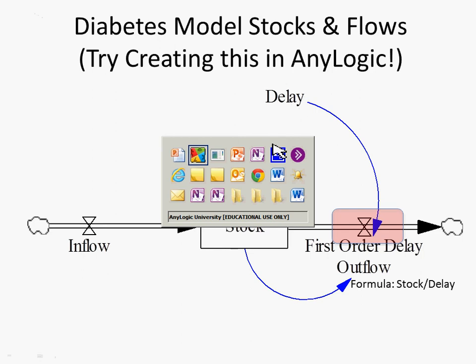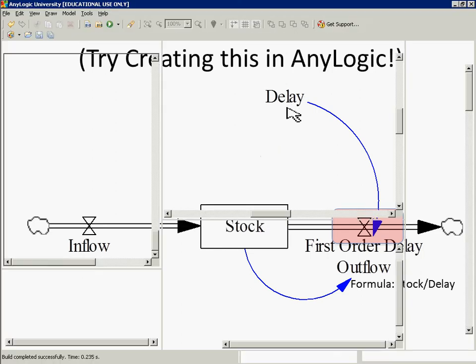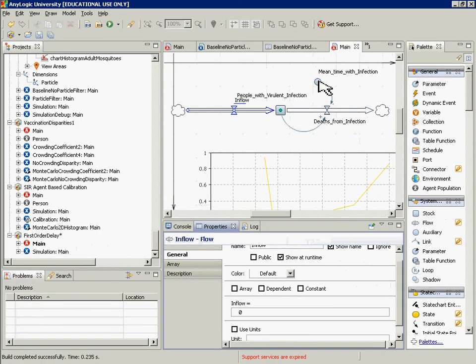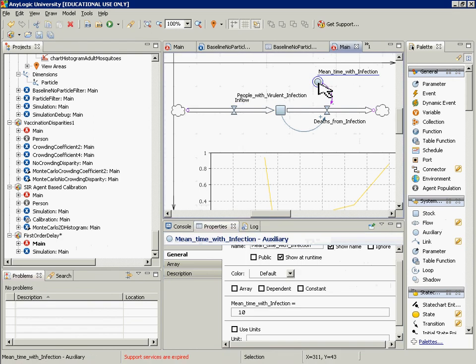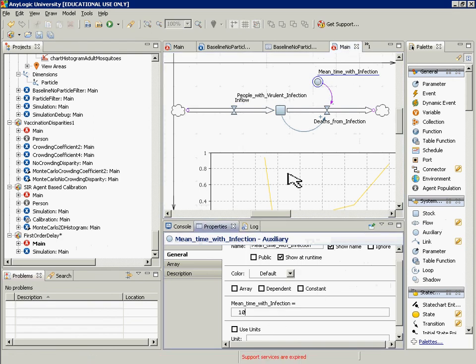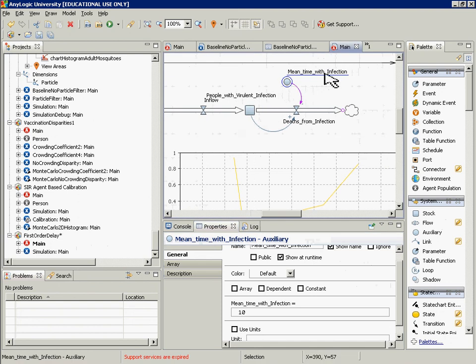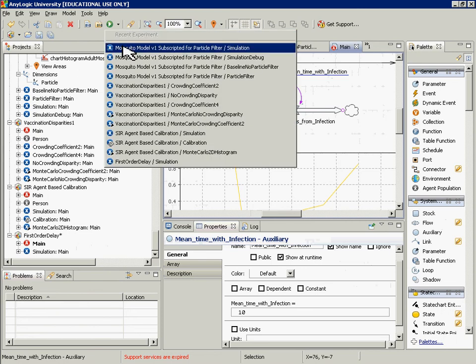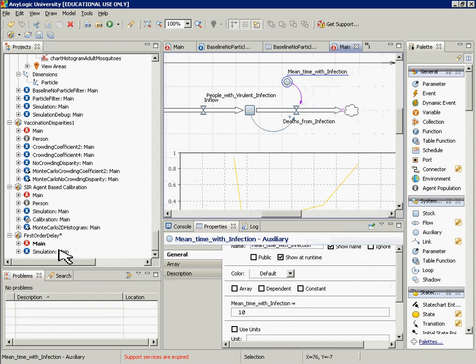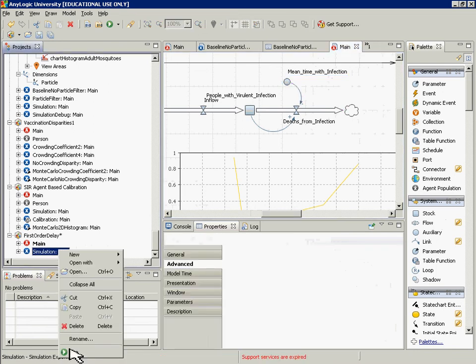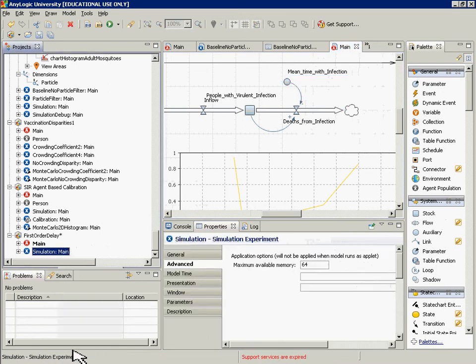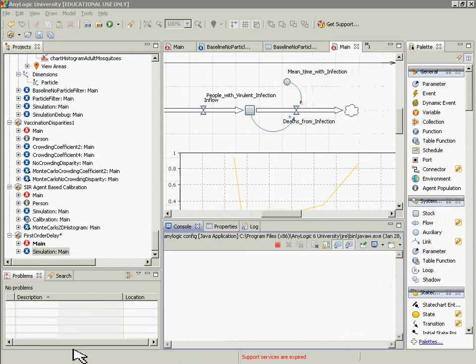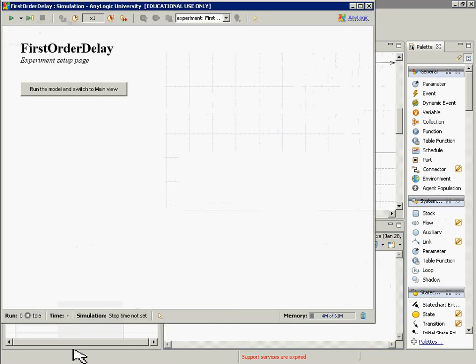The outflow of the stock, the rate at which people leave this stock, is proportional to the number of people in the stock divided by this delay. That means over time, that rate will be changing, right? There's going to be a different number of people coming out of the stock over time because the rate is dependent on the stock. And as long as the stock is changing, that rate will be changing. Will this stock's value change?